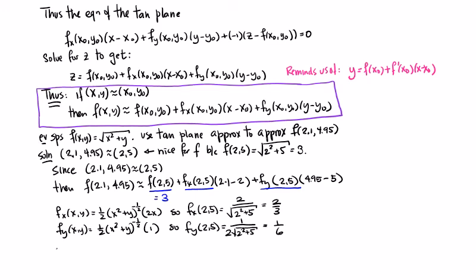So when all is said and done, the point we were interested in is approximately 3 plus 2/3 times 2.1 minus 2. I'm going to leave this unsimplified just so it's easier to look at. Plus 1/6 times 4.95 minus 5. That gives us a reasonably quick, reasonably nice approximation of something that's particularly ugly.